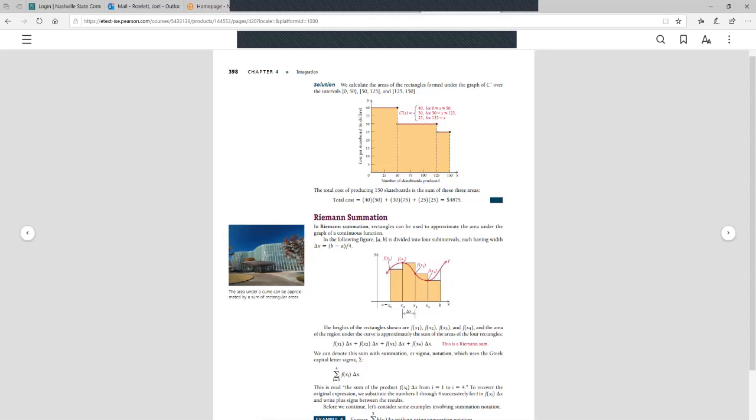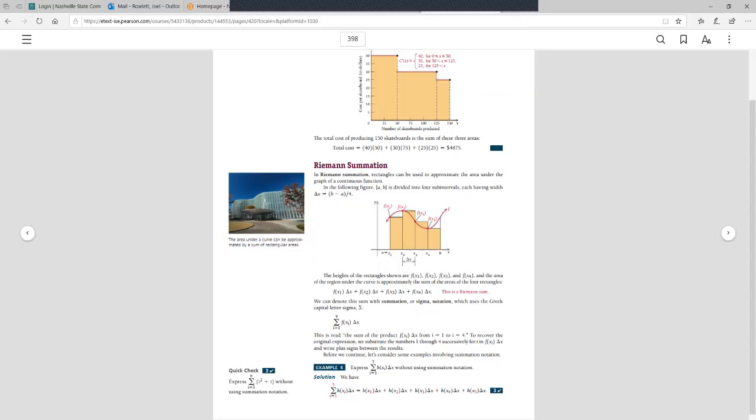Riemann sums. Without going into a lot of detail, because the homework doesn't seem to really dwell too much on Riemann sums, I just want to talk about Riemann sums for a moment. Here's what Riemann figured out.